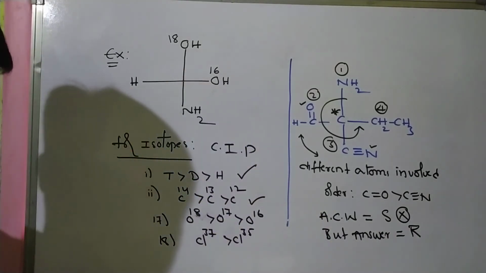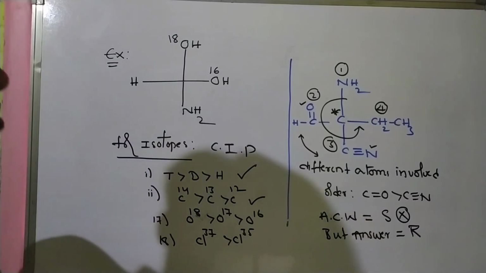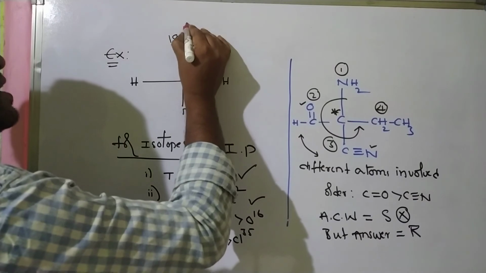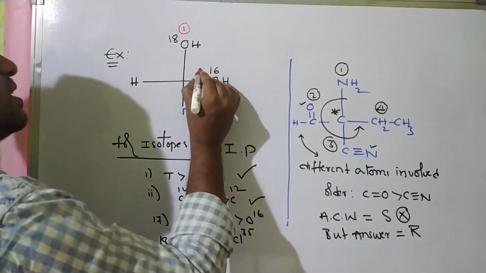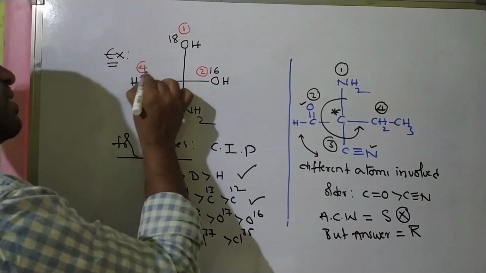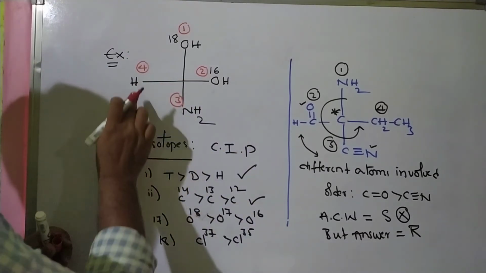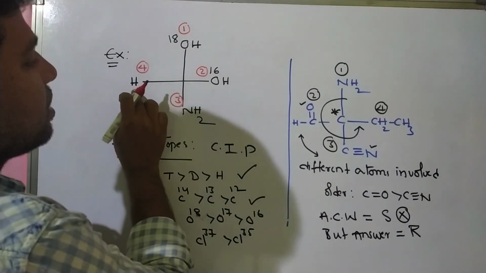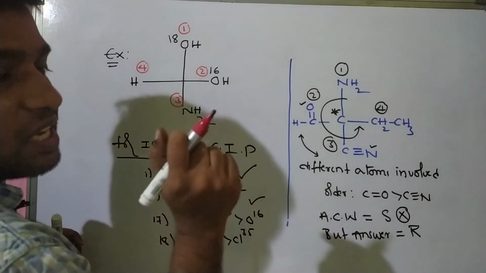Okay, now give the priorities. Okay, students? So this is first priority. This is oxygen. This is nitrogen. Third, this is fourth priority. Your hydrogen, fourth priority, is at horizontal. So the switching process is compulsory.